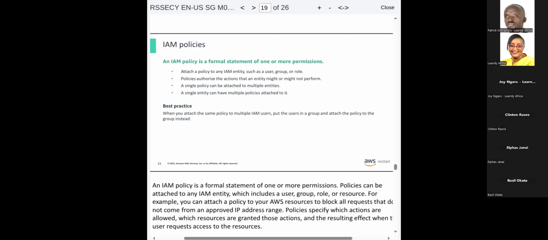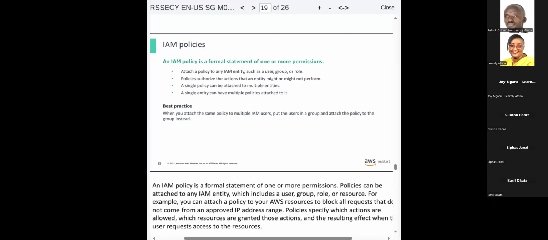For example, if I have 5 EC2 instances running my Shopify store, I can attach the policies to the 5 EC2 instances and to my 1 S3 bucket. So a single policy can be attached to multiple entities.